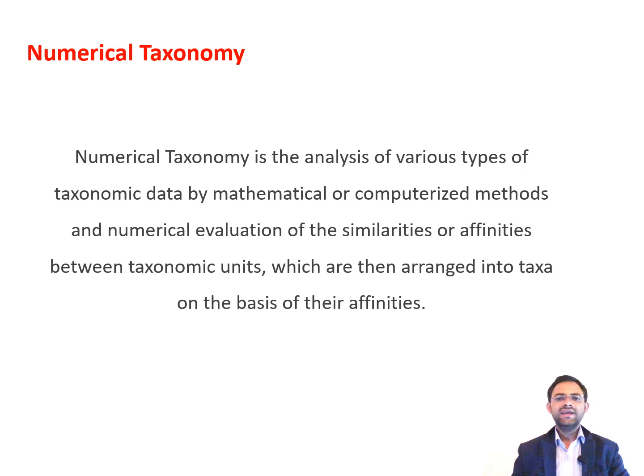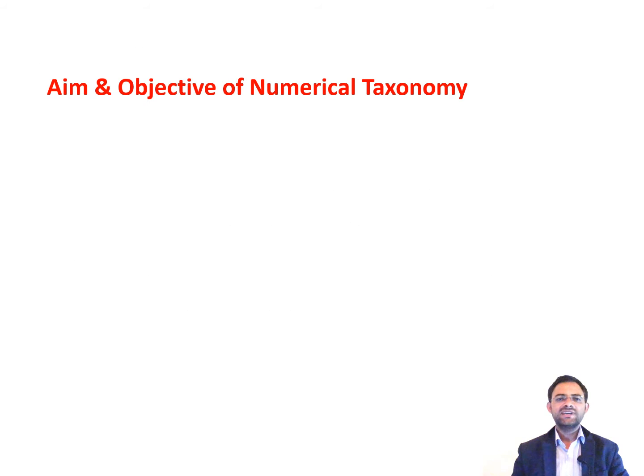Thus, numerical taxonomy is the analysis of various types of taxonomic data by mathematical or computerized methods and numerical evaluation of the similarities or affinities between taxonomic units, which are then arranged into taxa on the basis of their affinities. Now the aims and objectives of numerical taxonomy.